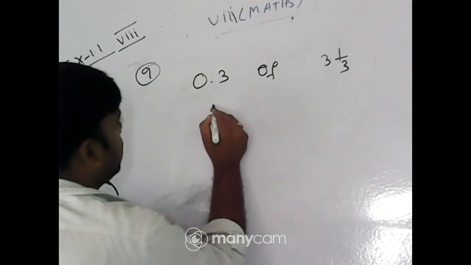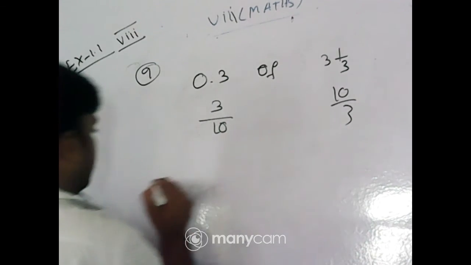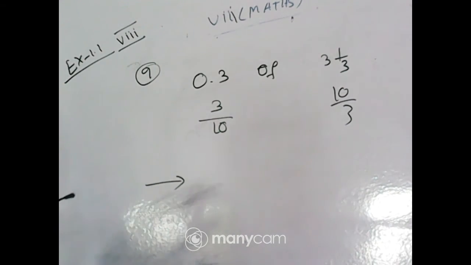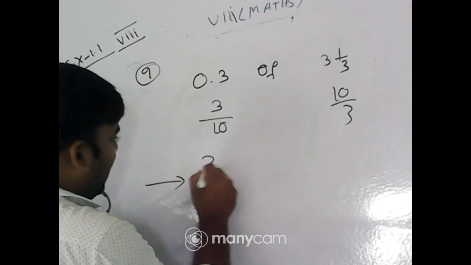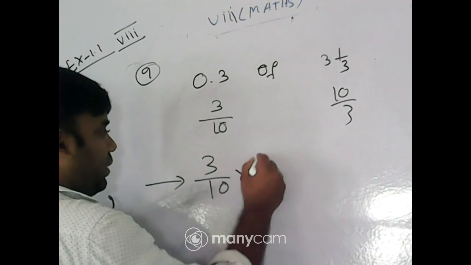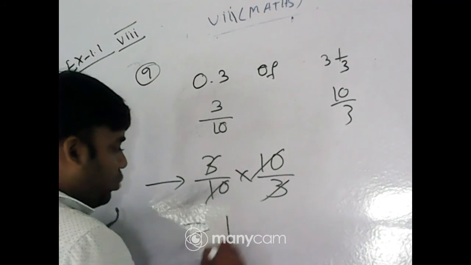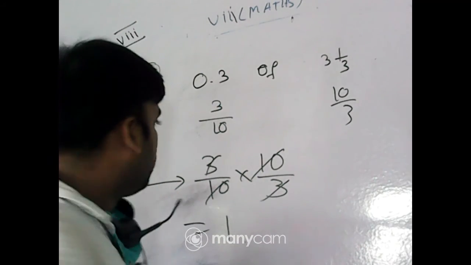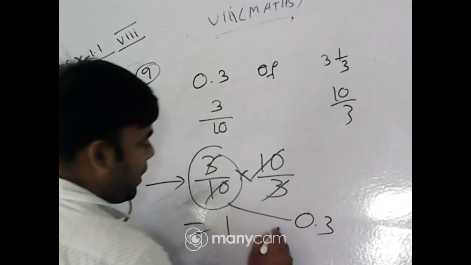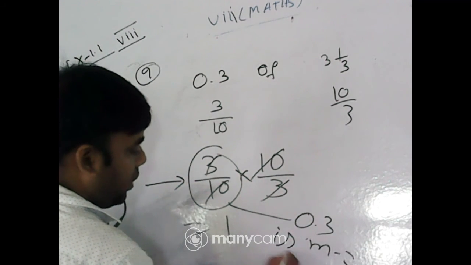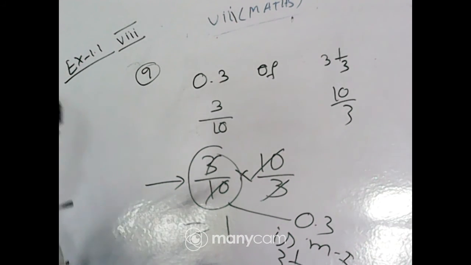First of all, 0.3 means 3 by 10, and the other number is 10 by 3. If the product gives result 1, then you can say it is the multiplicative inverse; otherwise you cannot say. So 3 by 10 into 10 by 3: 10 and 10 cancel, 3 and 3 cancel, the answer is 1. As the answer is 1, you can say 3 by 10, that is 0.3, is the multiplicative inverse of 3 whole 1 by 3. Got it, everyone?